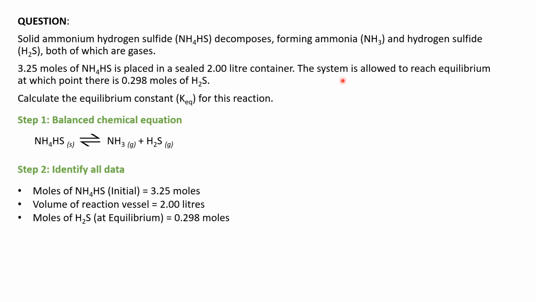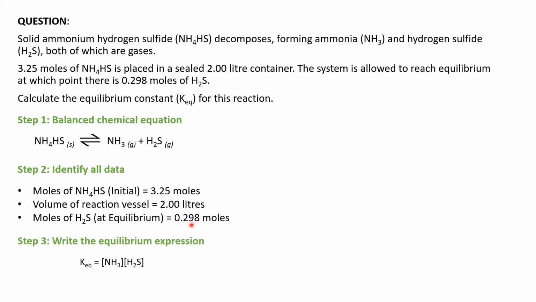The system then is allowed to reach equilibrium. So at this point, this ammonium hydrogen sulfide starts to decompose, forming our products. And at equilibrium, we end up with 0.298 moles of hydrogen sulfide. So moles of hydrogen sulfide at equilibrium is 0.298 moles.